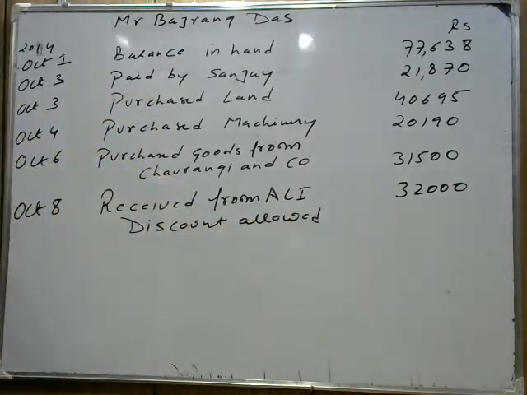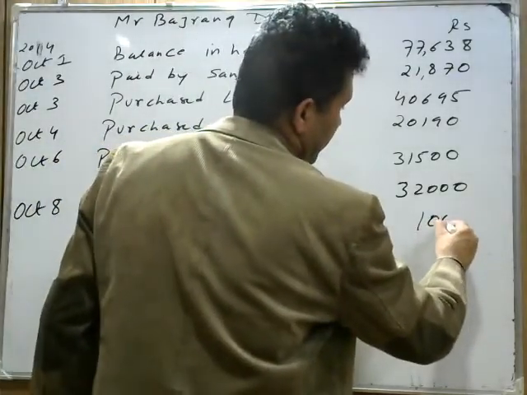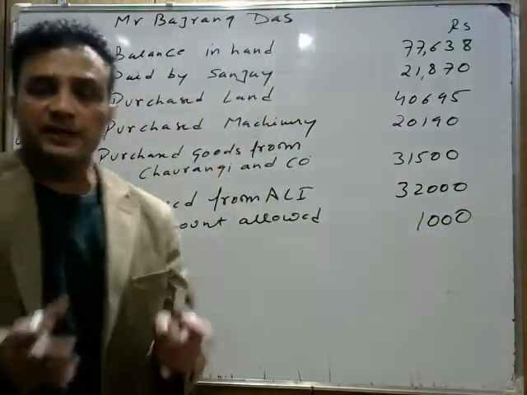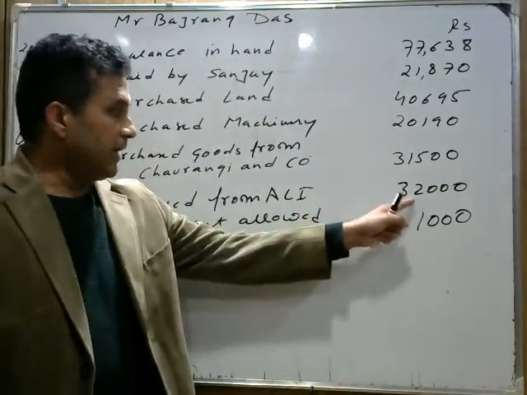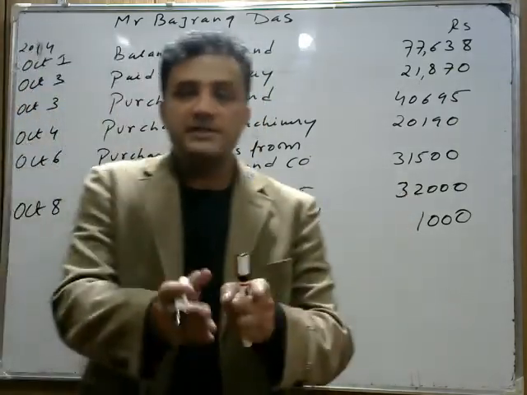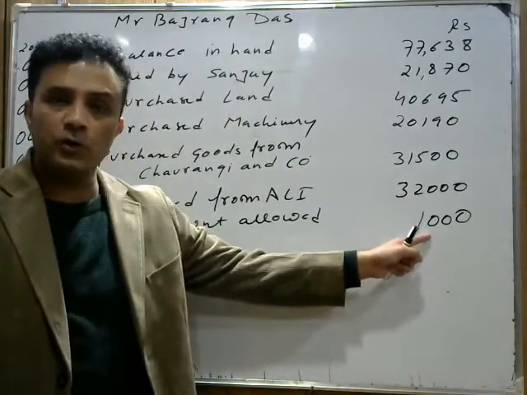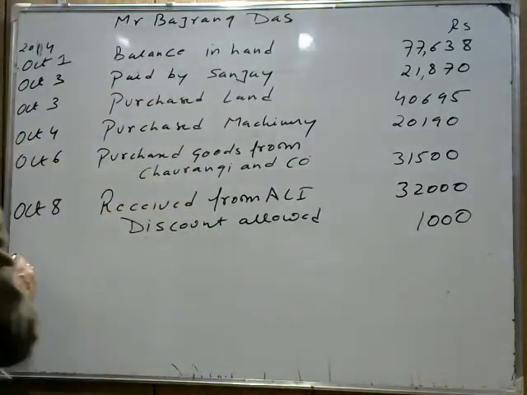Discount allowed 1,000. You receive money from Ali and discount allowed 1,000. It means you had to receive 33,000 from Ali, you received 32,000, so you gave him a discount of 1,000.